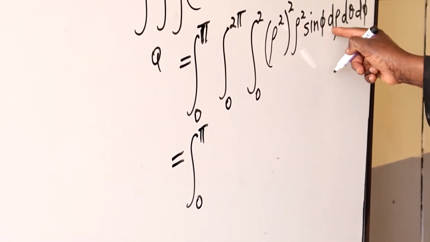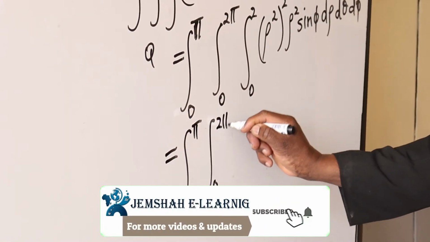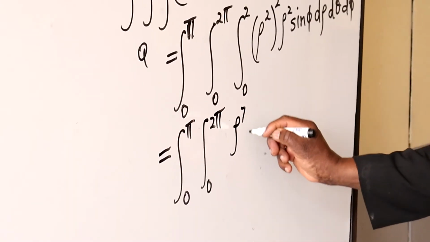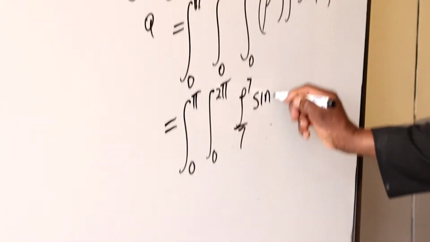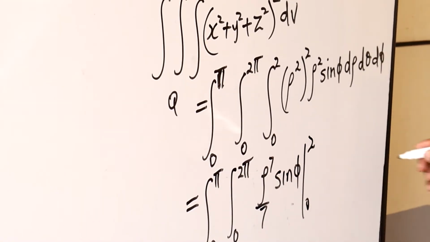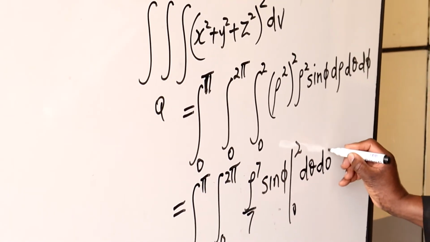So when we integrate this, we are integrating first with respect to rho. With respect to rho, this one will give us rho power 7, all over 7, multiplying sine phi. We put limits from 0 to 2. Then we remain with the d theta, d phi.